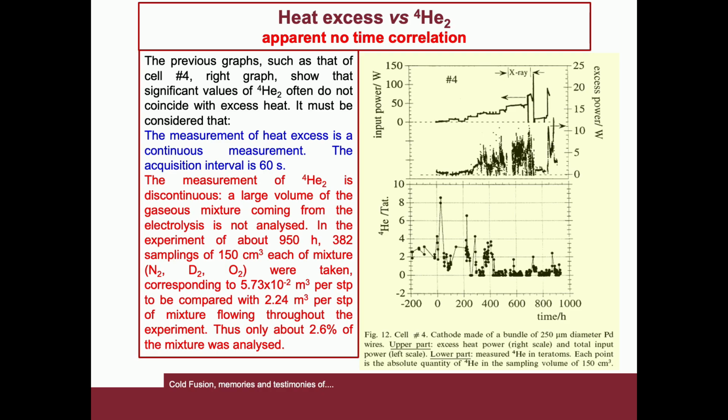In the experiment of about 950 hours, 382 samplings were carried out, each of 150 cubic centimeters of mixture consisting of nitrogen, deuterium, and oxygen, corresponding to 5.73 10 to minus 2 cubic meters under normal conditions, to be compared with 2.24 cubic meters under normal conditions of mixture flowed throughout the experiment.